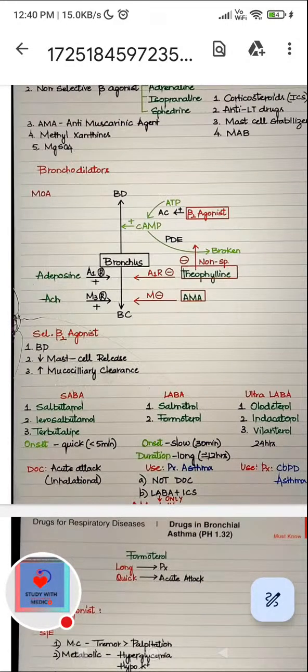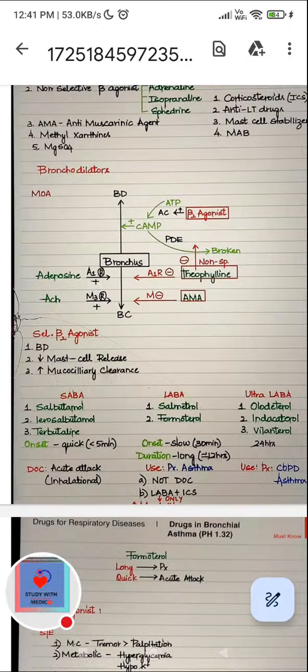Then only you can give adrenaline. If you give adrenaline, it will relieve bronchial constriction by bronchial dilation, by acting on beta 2 adrenergic receptors, but the most dangerous side effect is cardiac arrhythmias. The cardiac side effects can be there.